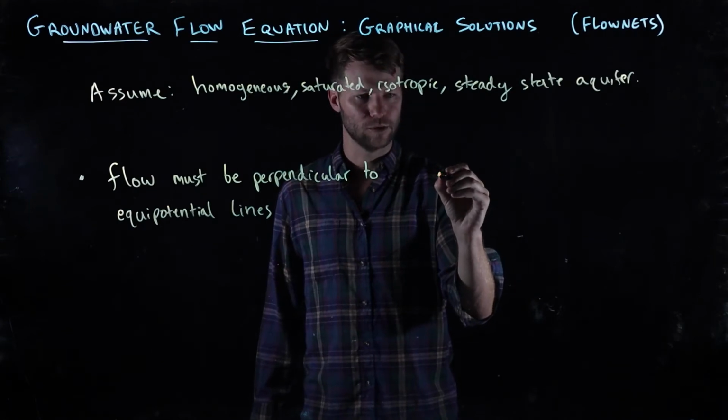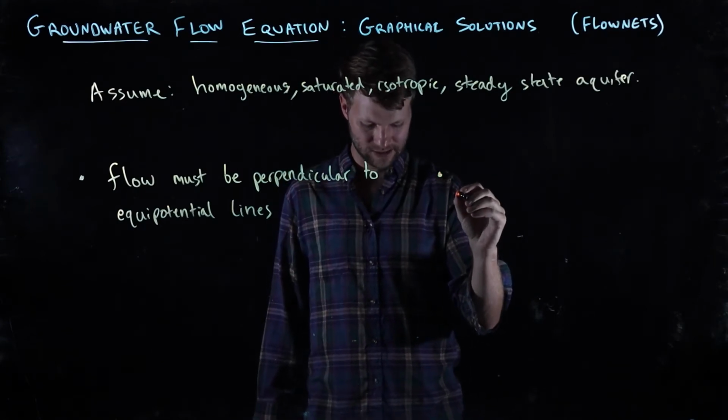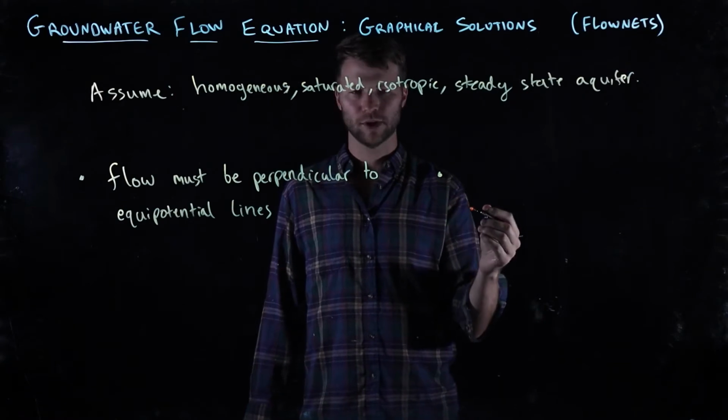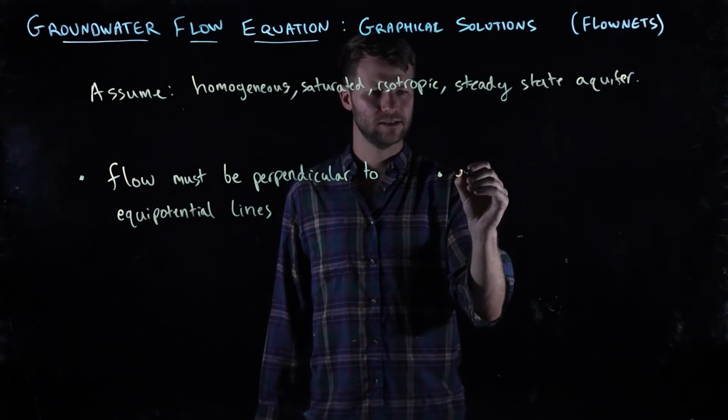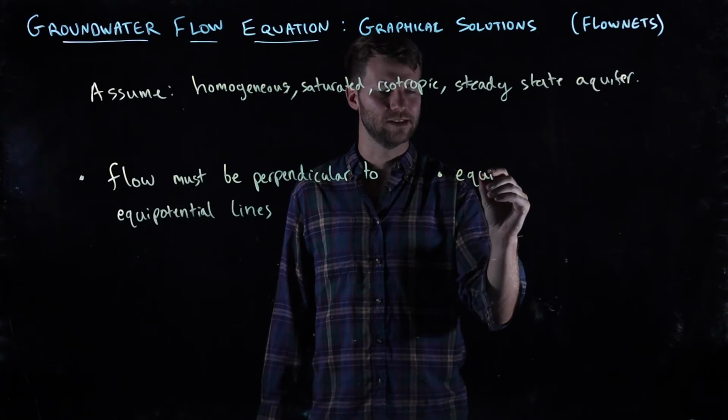And the second rule is that these equipotential lines are themselves perpendicular to no flow boundaries. And I will sketch out what that means.